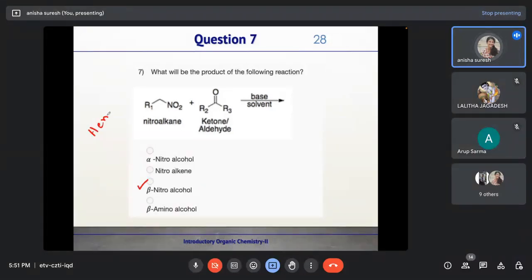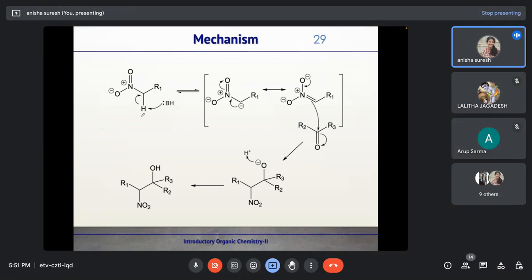This is the Henry reaction, which is another example of an enolate acylation reaction. Here, since nitro is an electron withdrawing group, this hydrogen will be an acidic hydrogen. The base will abstract that acidic hydrogen, giving rise to this enolate-like anion.